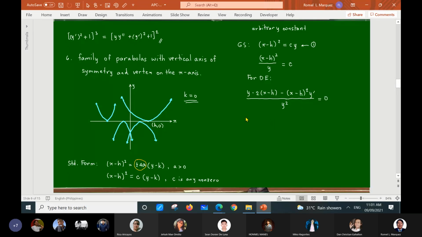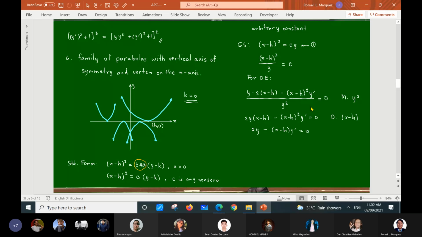O, simplify muna natin. 2x minus h times y minus x minus h quantity squared y prime equals 0 after multiplying by y squared. Pero we can still divide this, na? Pwede pa siya, no? Divide by x minus h, right, children? So 2y minus x minus h multiplied by y prime equals 0.